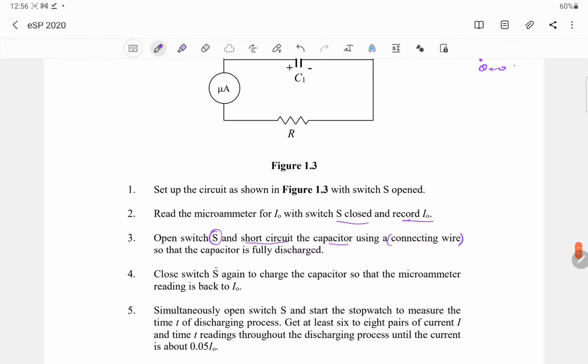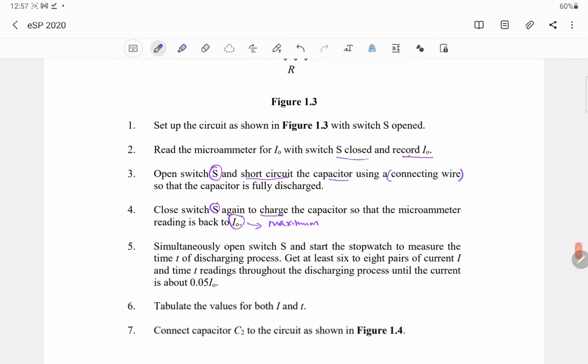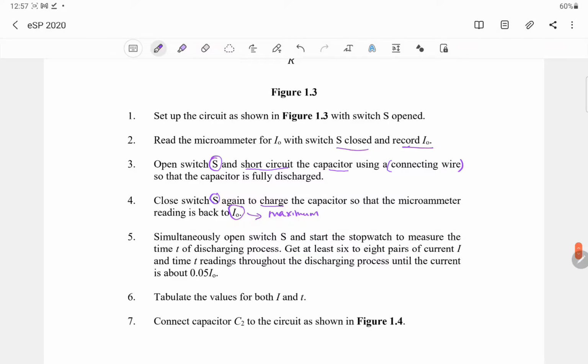Then close the switch again to charge the capacitor. When charging the capacitor, the microammeter will show the maximum current. Then simultaneously open the switch and start the stopwatch to measure the T for the discharging process. Then tabulate both I and T.